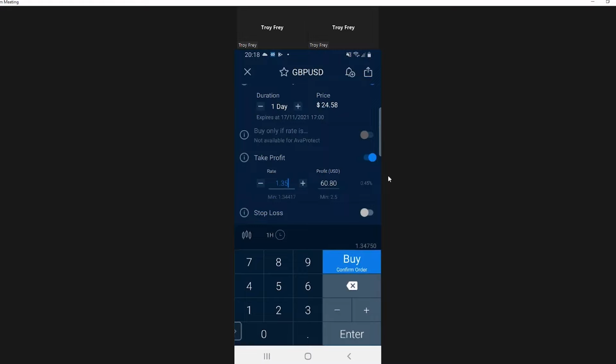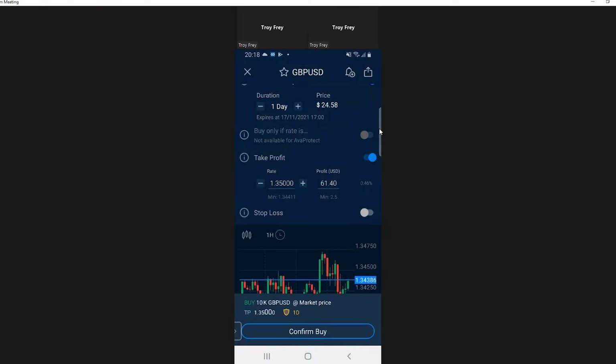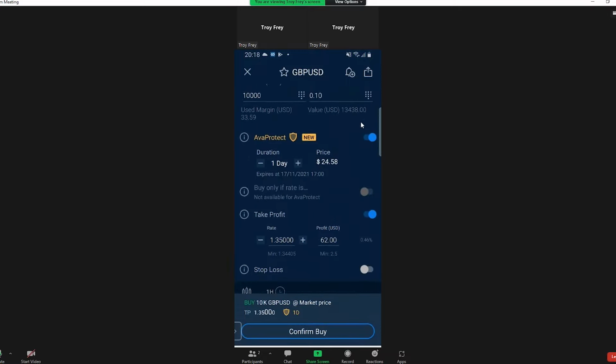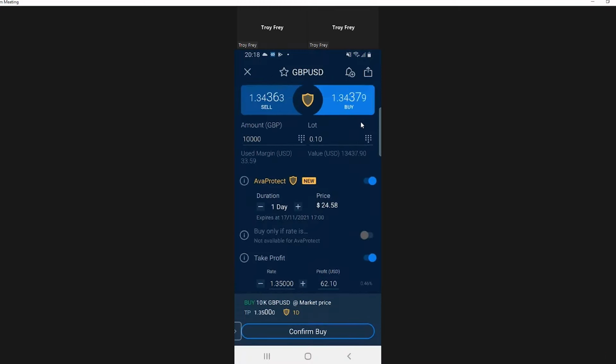And so maybe I decide that I even am willing to pay a little bit more, but that's the price point I want. So if I like that protection, then I set it, okay, with my take profit, and perhaps I come up and I decide that I want a larger lot size because the protection isn't costing me much. And maybe I want to go after a larger potential profit.